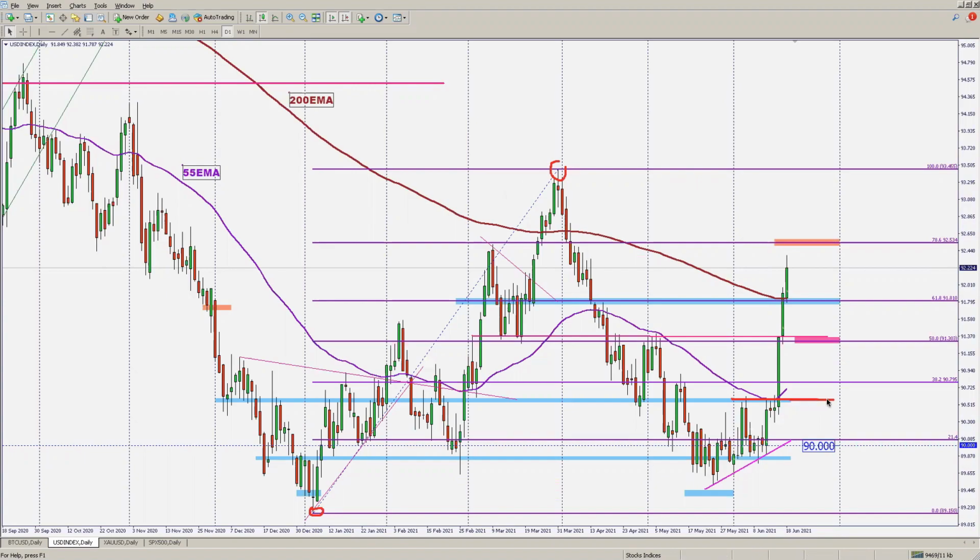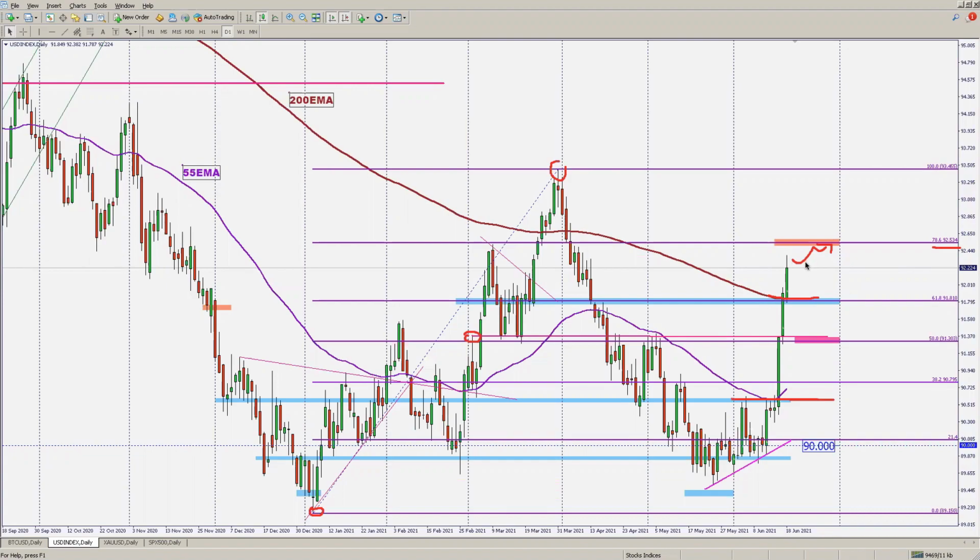So the initial resistance was at the daily 55 EMA along with a 138 Fib extension here, and it blasted through that to this previous swing high, which was an interim resistance, and continued all the way through on Thursday past the daily 200 EMA, and then attempted to target this 78.6 Fib retracement level on Friday.